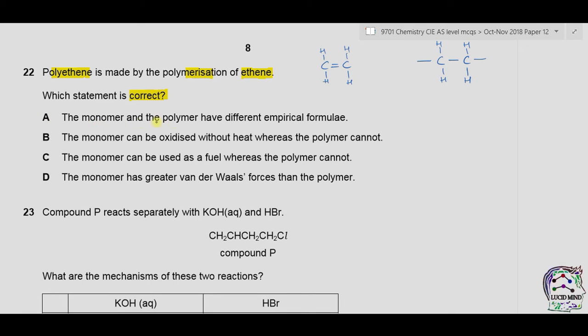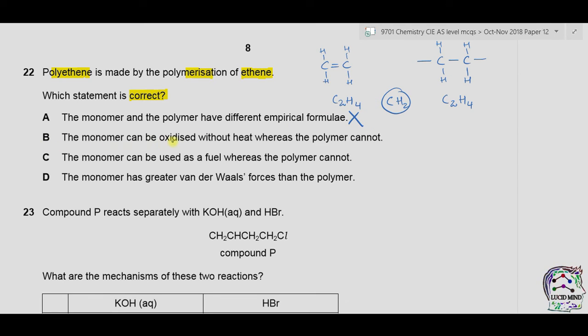Part A, the monomer and the polymer have different empirical formula. Now we have 2 carbon atoms and 4 hydrogen atoms in monomer. We also have 2 carbon and 4 hydrogen atoms in the polymer, so the empirical formula for both is same, which is CH2. So statement A is incorrect.